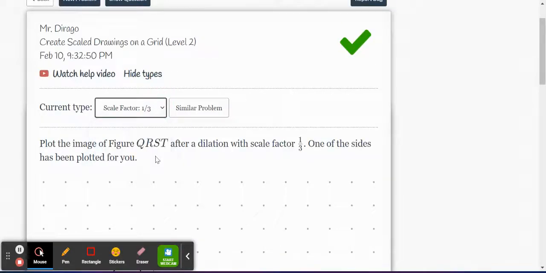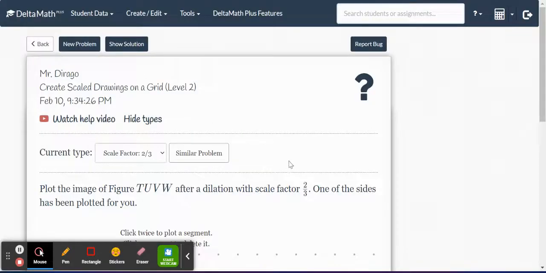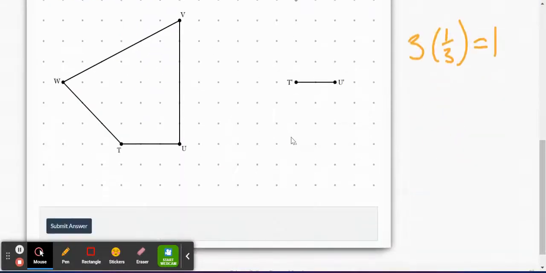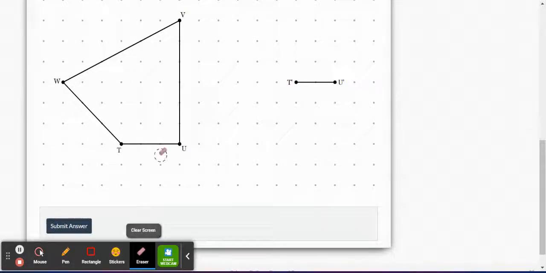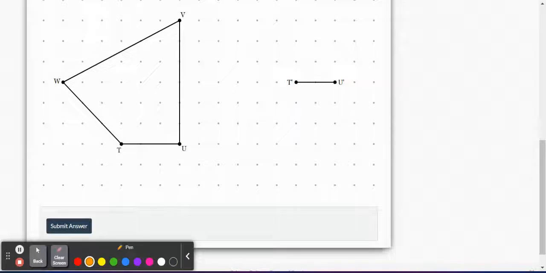I'm going to make, yeah, I want a scale factor of 2/3. So this one, 2/3. Okay. So I'm going to measure this side first. 1, 2, 3, 4, 5, 6. So this is 6.